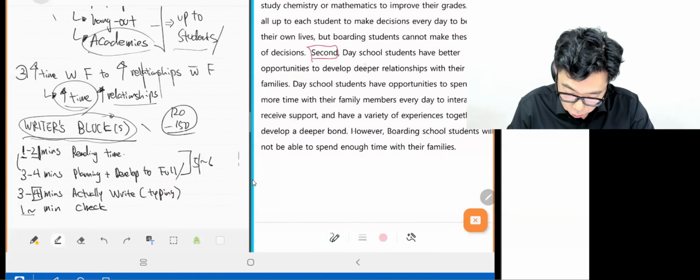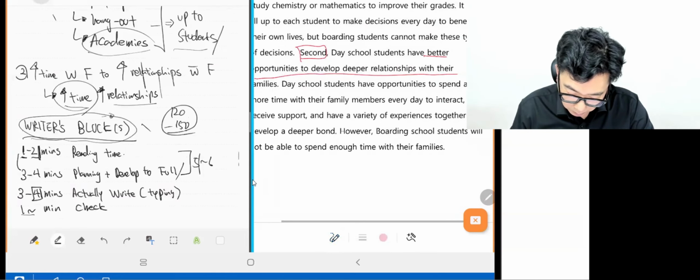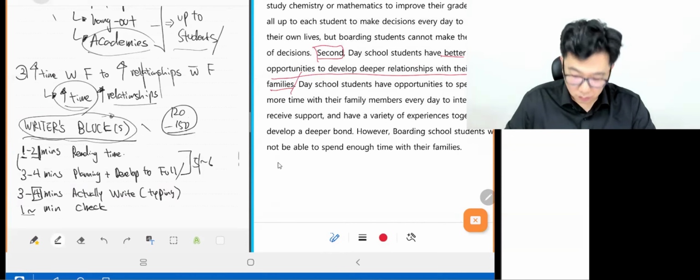Day school students have better opportunity to develop deeper relationship with their family members, right? So why? How?